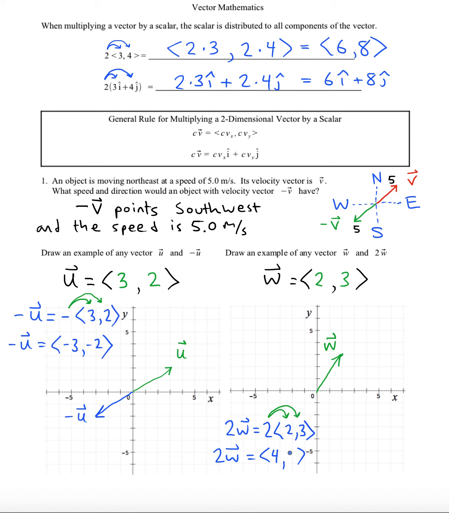We'll get 4, 6. Let's draw that. It's going to have the same direction as w, but it will be twice as long, so it's been scaled up. It's been magnified by a factor of 2.